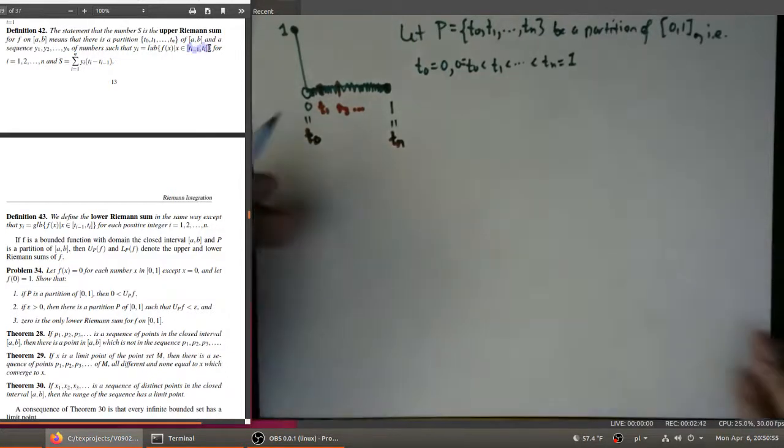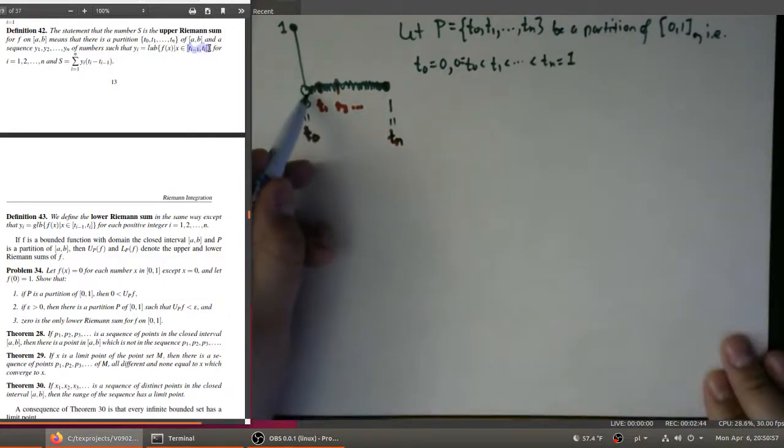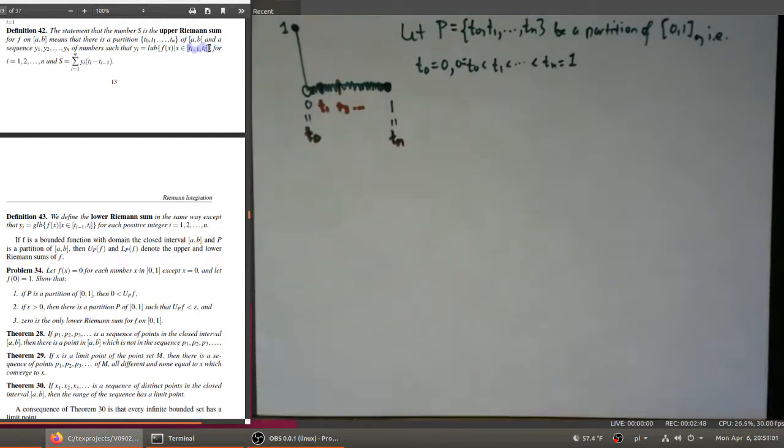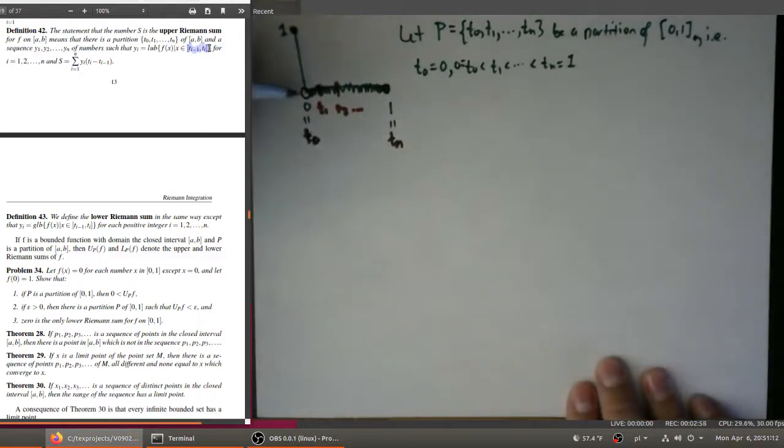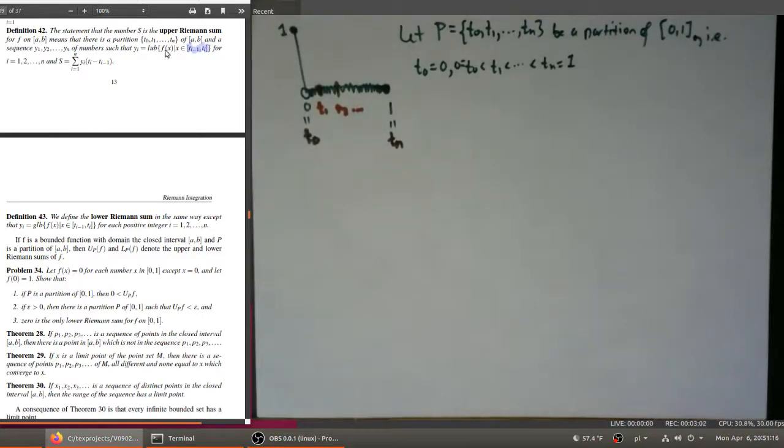That's referring to my starting value on the bottom to my first tick mark, wherever it may be. Because we're not making an argument about a specific partition, we're trying to argue about any partition here. So I'm looking on that interval, and it's telling me to take the least upper bound of the value of f of x, for any x in there.